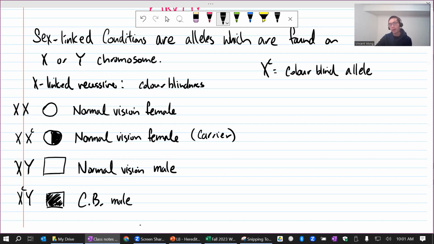Males cannot be carriers. If you have the disease X, you're going to have the condition. Okay, there's no hiding it because we don't have an extra X to cover it up, right? So that's that. Any question about these symbols? You might need them later on.